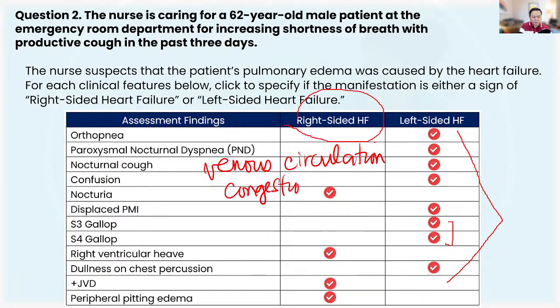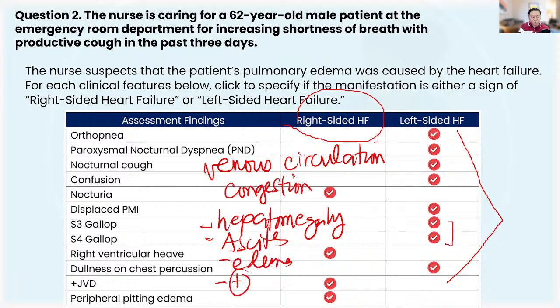So we are talking about edema in the lower extremities and also JVD, and the patient will probably develop one of those complications, hepatomegaly, because of the backflow, the regurgitation, and ascites, edema. Okay, let me just write everything here. JVD. Okay, that's for the right-sided heart failure. All righty. Now let's move on to the next question.